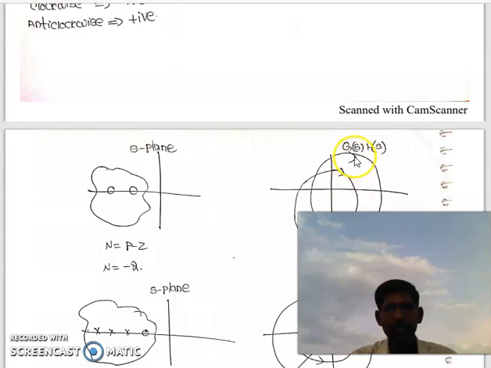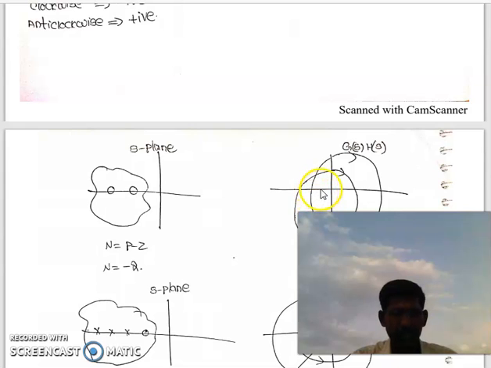In the G(S)H(S) plane, zeros mean there is no change in direction. So we will get a path like this, 2 times, N equals minus 2. It is negative, which means it should be in the clockwise direction. Since N equals minus 2 is negative, you need to draw these circles in the clockwise direction. This is the clockwise direction.